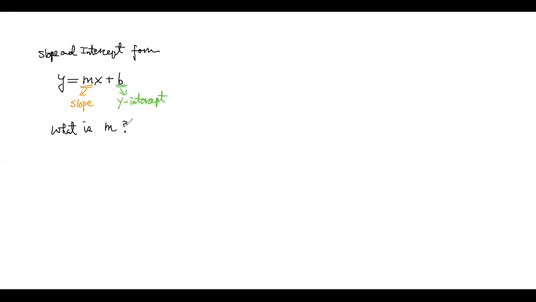I think a lot of students will tell me rise over run. Some of you learned this in middle school, some in high school. So you immediately will tell me m equals rise over run. Yes, that is the formula our teacher taught us.